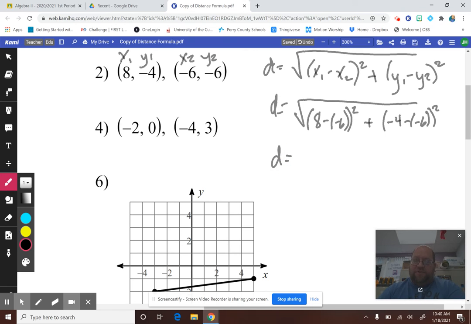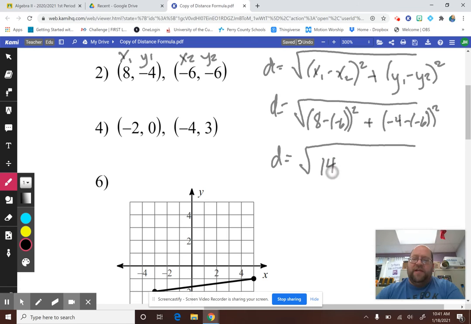D equals, and now let's go ahead and do our square root symbol again. Now we have 8 minus a -6. 8 minus a -6 is actually 14, so it just becomes 14 squared, plus -4 minus a -6. So that becomes -4, keep, change, -4 plus 6 equals 2. 2 squared right here.